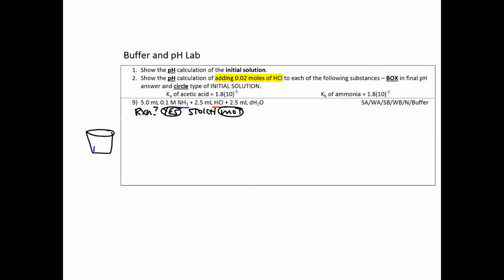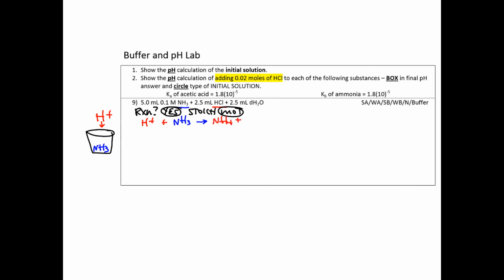Inside your cup you have NH3. To your cup you're going to add H plus. They're going to react. So we'll do our stoich in moles. H plus is going to react with the NH3 to make NH4 plus, which is the conjugate acid of NH3.